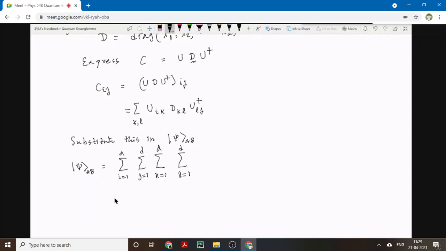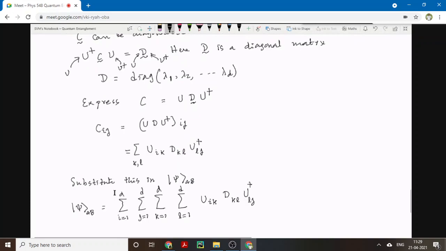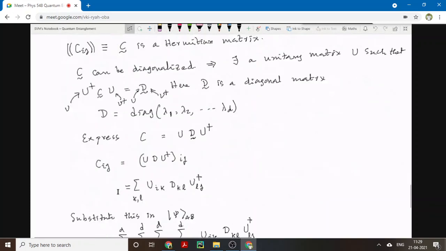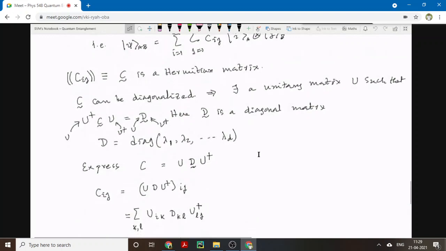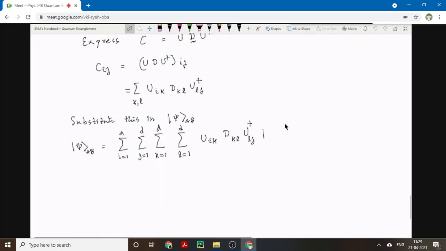Now what I have is Uik dkl U dagger lj. This is my Cij, and then I have the ket i tensor product ket j. This is psi AB from equation 1.